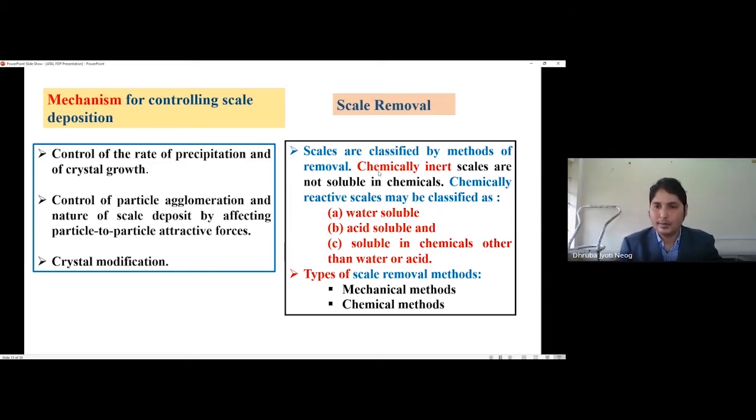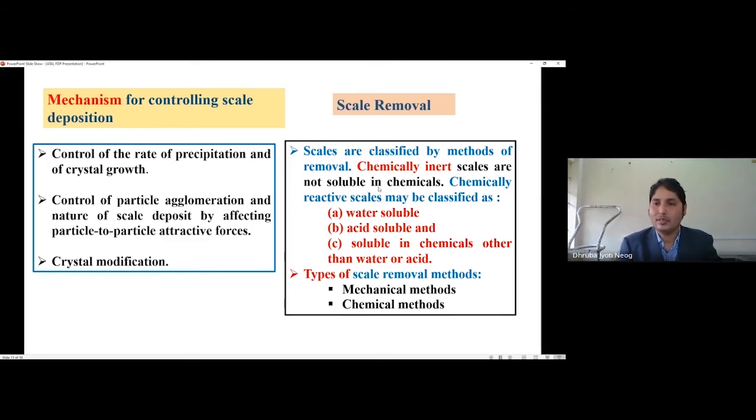So scales are classified based on their removal methods. Some scales may be termed chemically inert scales, some are chemically reactive scales, and some require mechanical methods to fix this issue.